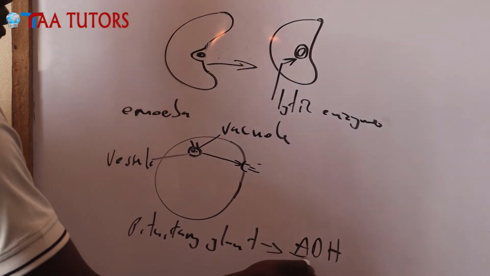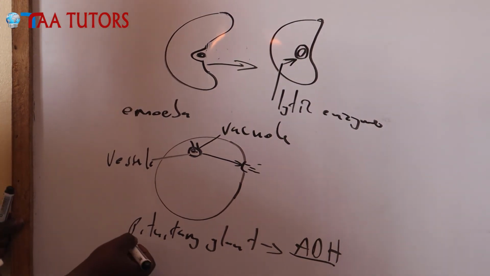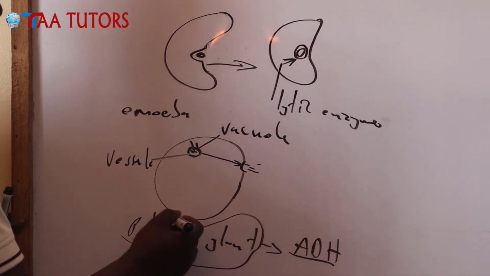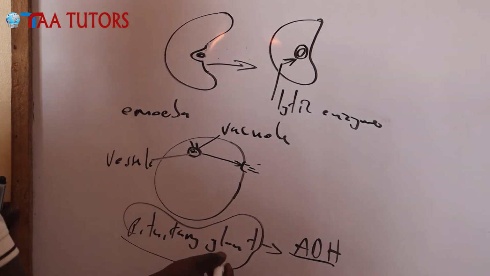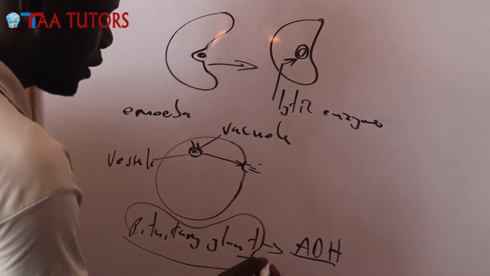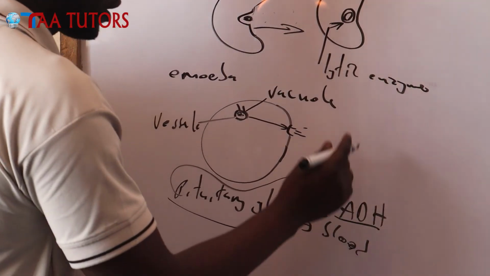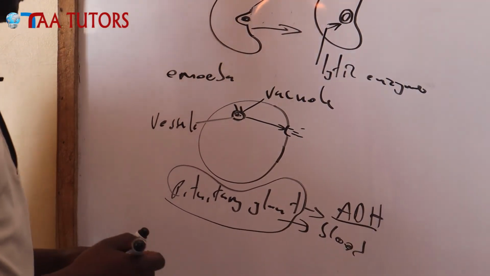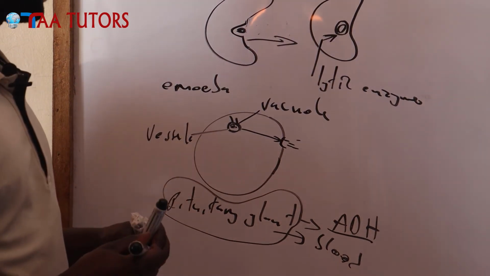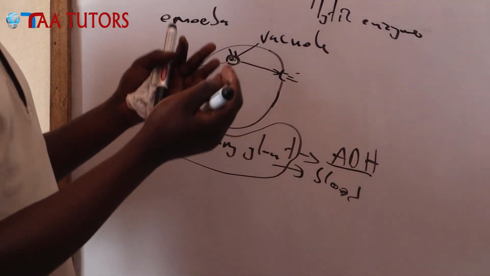We know where this hormone works. The moment this gland has produced this hormone, a vesicle comes and releases it into the blood. So it is released in the blood, whereby the blood will be transporting it up to the kidney where it is going to function.